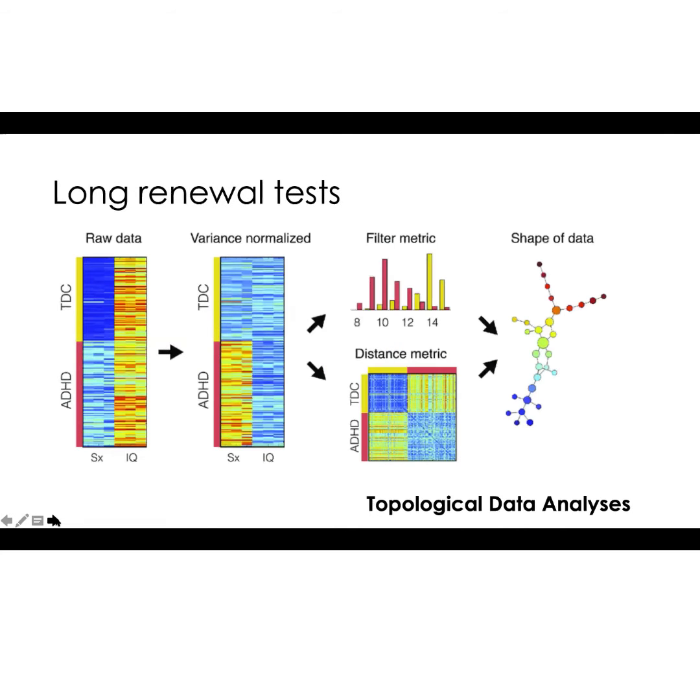And then finally, some of you may not know so much about topological data analyses. These actually work by taking some arbitrary set of objects with any number of characteristic parameters to them, normalizing the variance on all of those parameters, and then applying some kind of statistical metric to those parameters. And there are a variety, they're large.